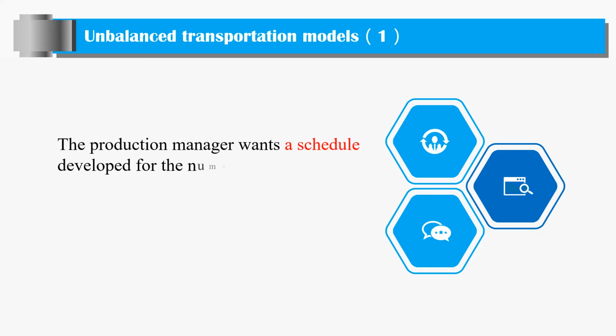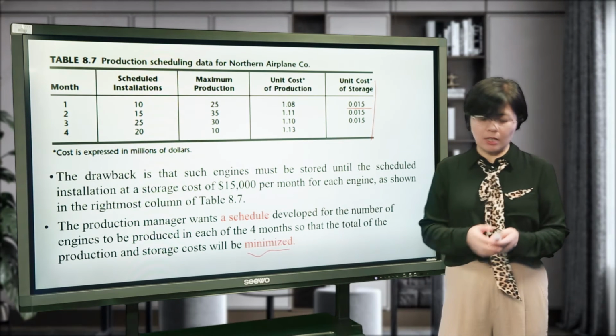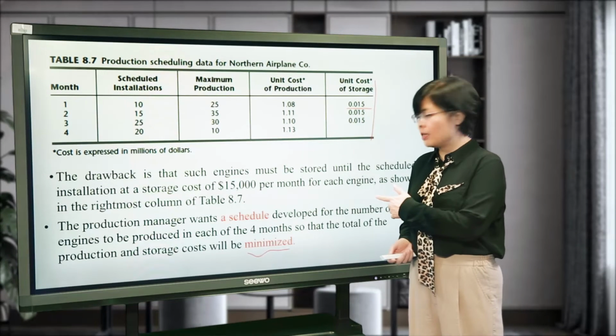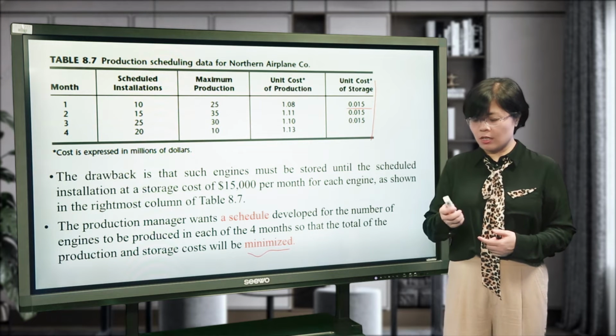The production manager wants a schedule developed for the number of engines to be produced in each of the 4 months, so that the total of the production and storage costs will be minimized. The objective is also to minimize the cost.